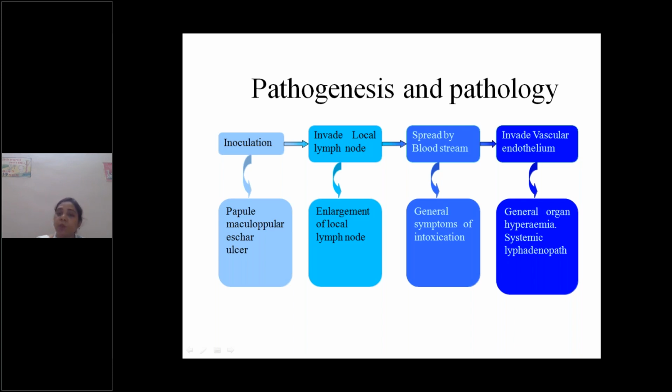Then they invade the vascular epithelium, which eventually leads to organ hyperemia and systemic lymphadenopathy.